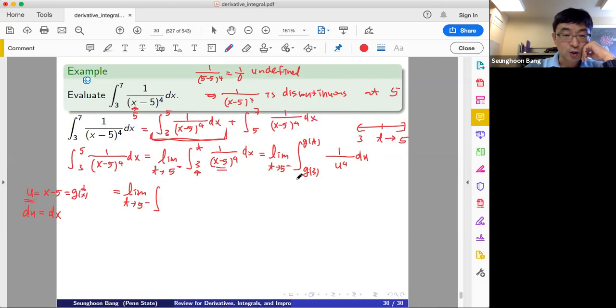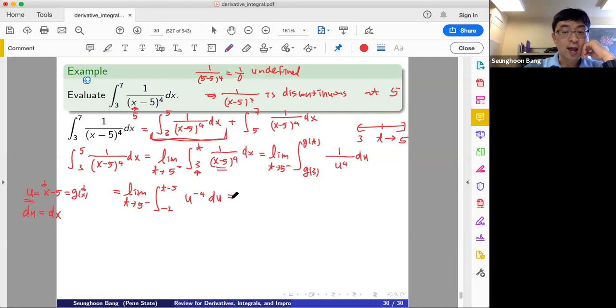What is g of 3? You plug 3 into x. 3 minus 5 is negative 2. You plug t into here, t minus 5. This is u to the negative 4 du.